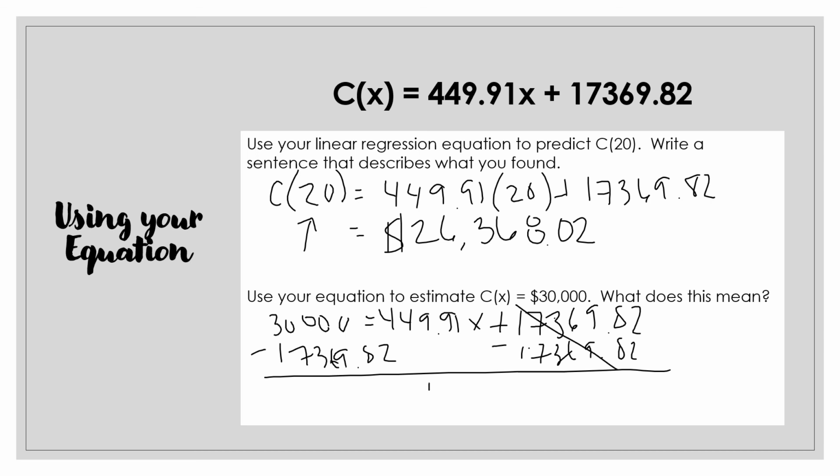Okay, we've still got 449.91x, and that's going to be equal to 12,630.18, and then we can just divide.